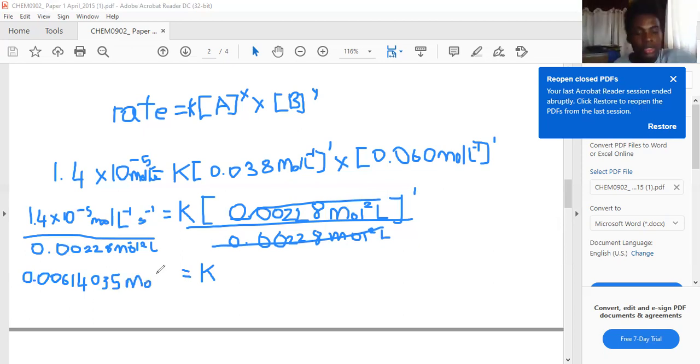All right, so for this, I'm going to explain the moles part afterwards. Moles per liter, -1 for that, squared. That's squared. All right, so that is the answer.